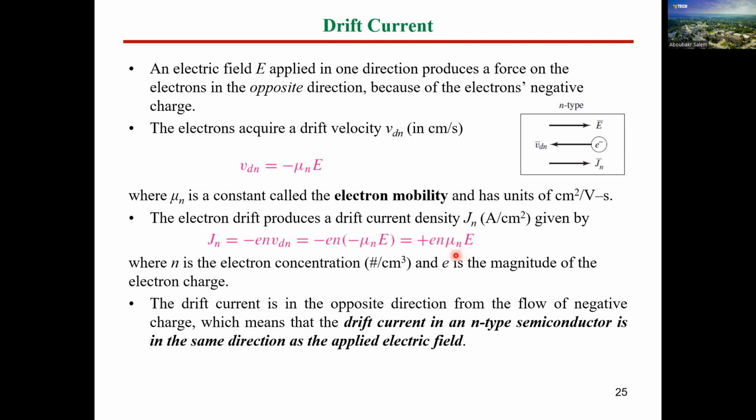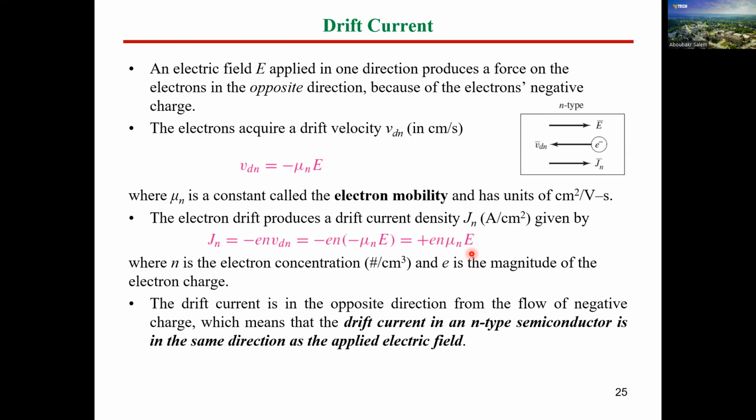So can you see, guys? Electron charge is constant. Mu n is constant. So we can say that the current depends mainly on the concentration and the applied electric field. So these are, let's say, the important variables that control the current density in a semiconductor.